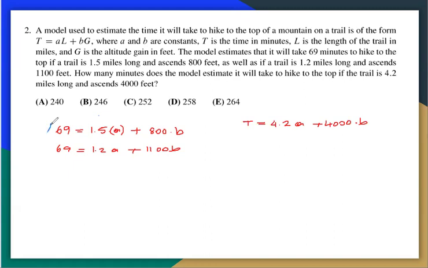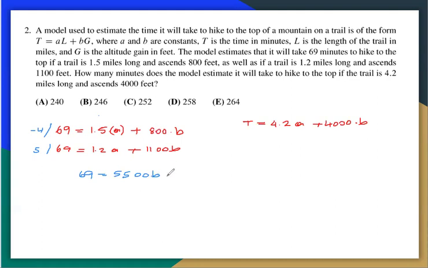So if I multiply this by -4 and this by 5, that will be 6 as well with the opposite sign. So that will make a nice equation. If I multiply this, that will be 5 times 69 minus 4 times 69, which is just going to be 69. And then the A's will cancel. That's why we multiply by these. So you get 5 times 1,100, so that should be 5,500 B.